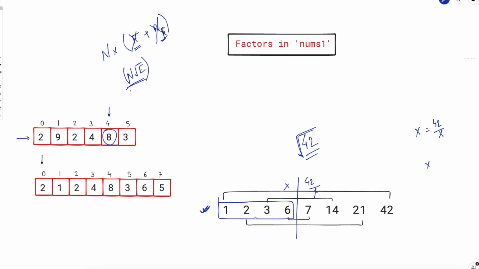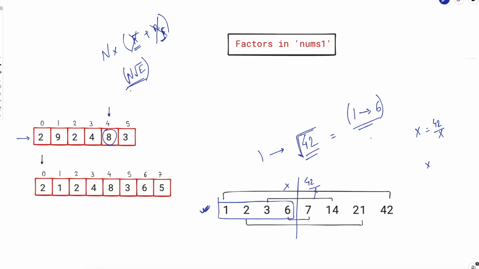Let's just iterate over everything from 1 to root 42 and figure out how many of them divide 42. In this example, to figure out the factors for 42, you will simply go from 1 all the way up to root 42, which is around 6 point something, so 6. So if you go from 1 to 6, you can simply figure out how many of them are valid factors.